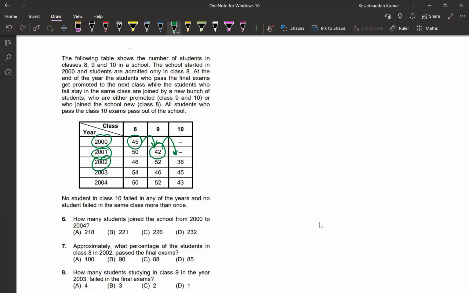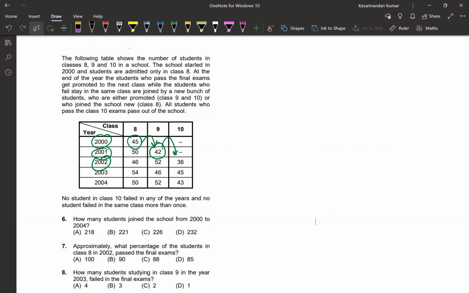Now it is given that 45 had given the exams and 42 are here. Where will the other three go? Failed, or left the school.